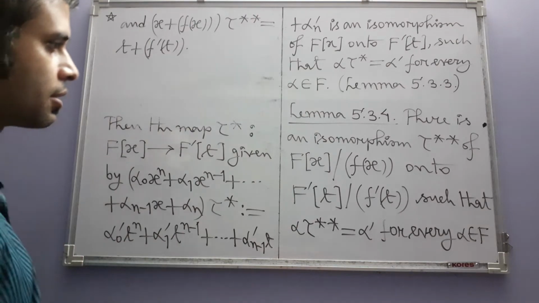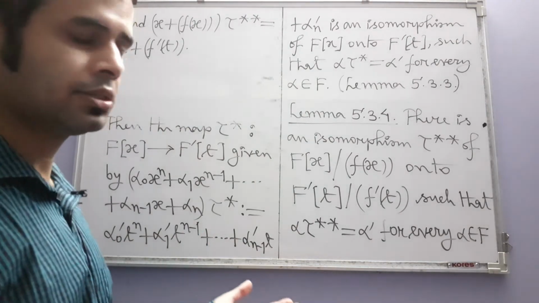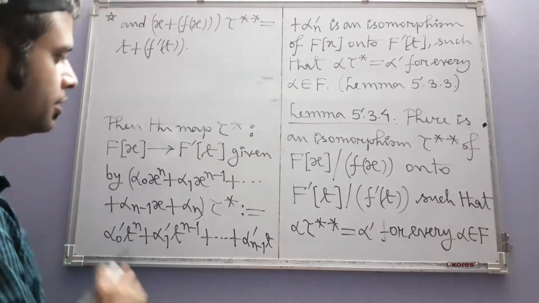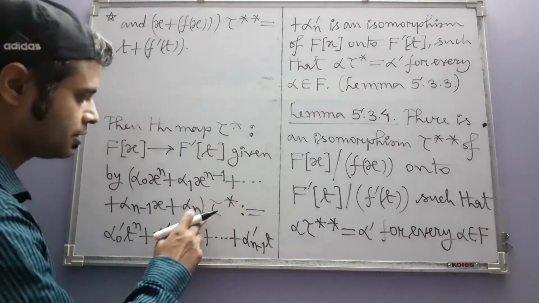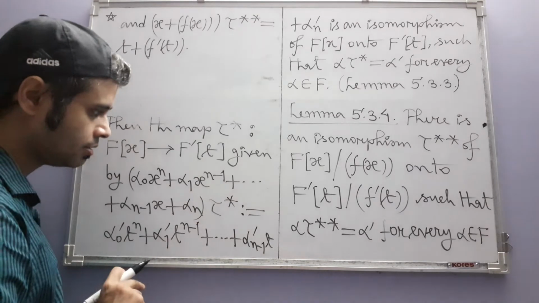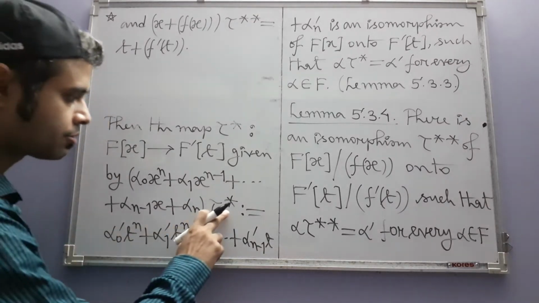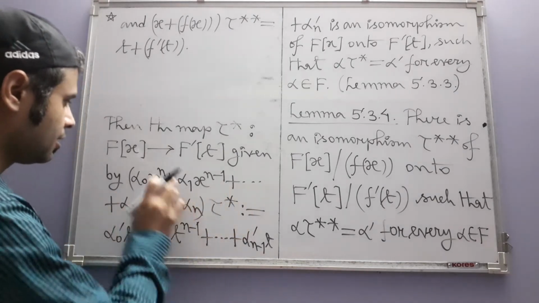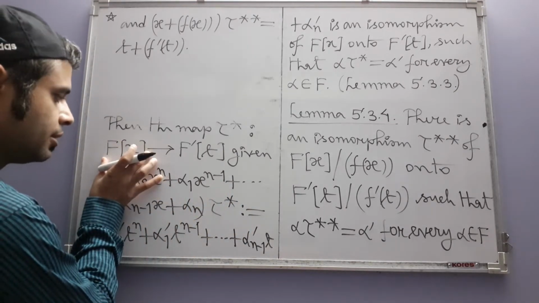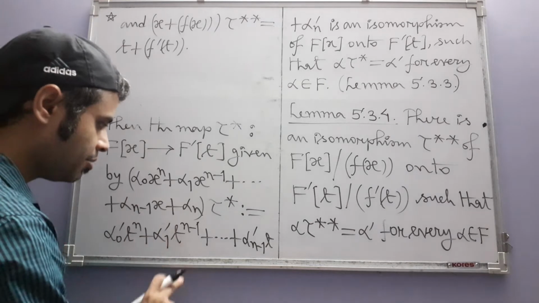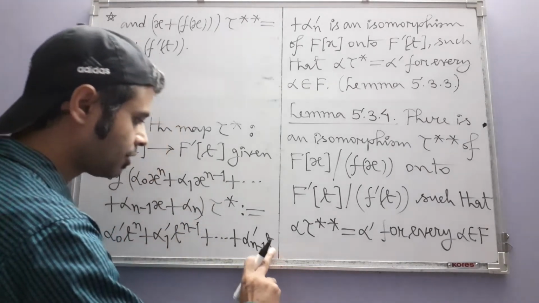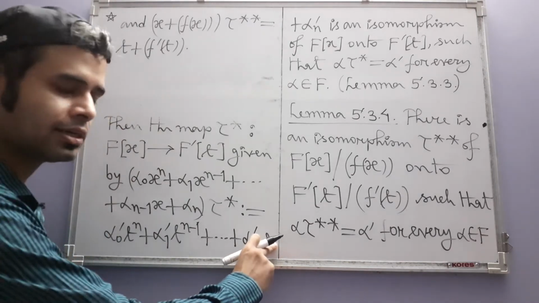Now before we start the proof, let me mention the thing that I forgot to mention here. You see, in this, you already see what this isomorphism tau star is. Actually what tau star does is this: you are given a polynomial in your domain polynomial ring f[x]. Its image under tau star is just an exactly similar polynomial in the new indeterminate t.